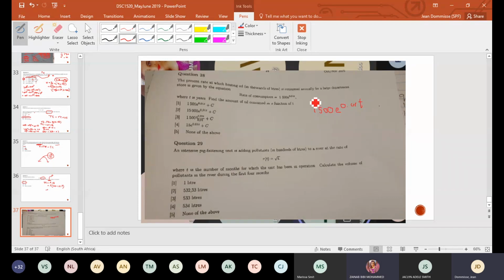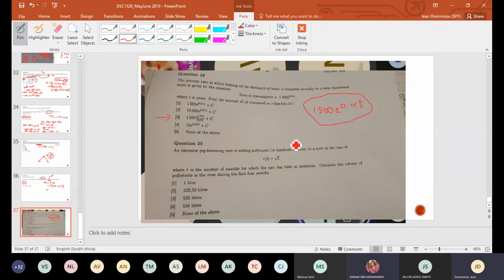So what does your integration rule say when you have that? I think that is option 3, if I'm not mistaken: 1,500 e to the power 0,01 T divided by 0,01 plus C. Option 3, if I'm not mistaken.